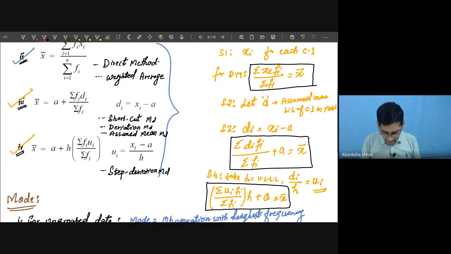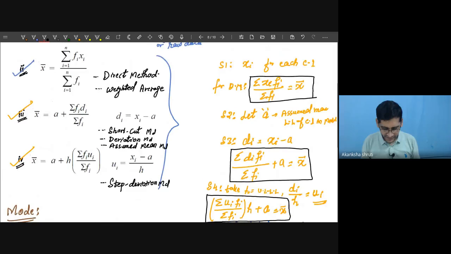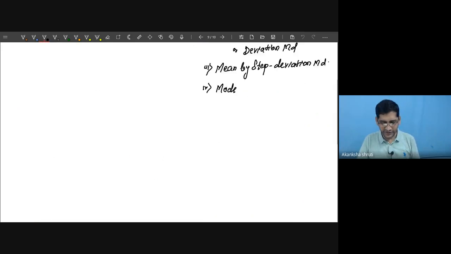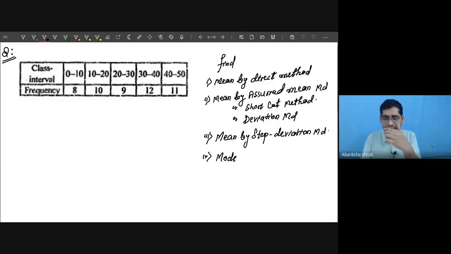So now let us calculate the mean by the assumed mean method and the step deviation method for the data given here. This is the question I have selected. Here we are interested in calculating the mean by the direct method, assumed mean method, as well as the step deviation method.